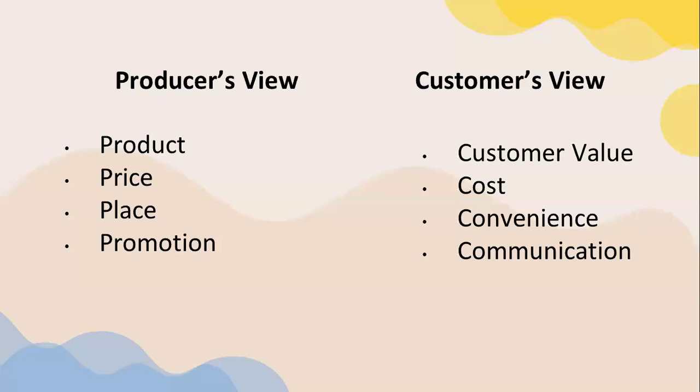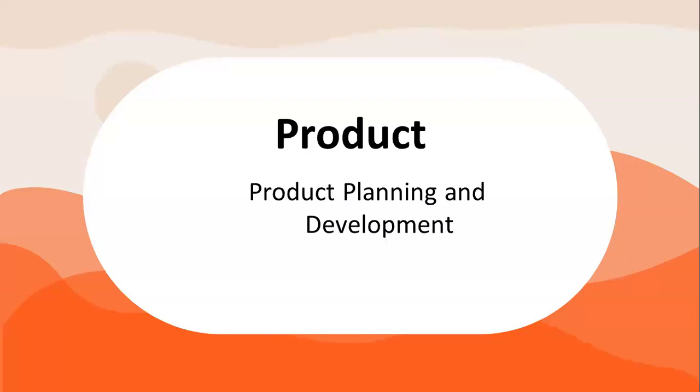So for the producers these are 4 Ps, and for the consumers or customers they are 4 Cs, right? And we are going to start with the first P, that is product. So we are going to discuss product planning and development.